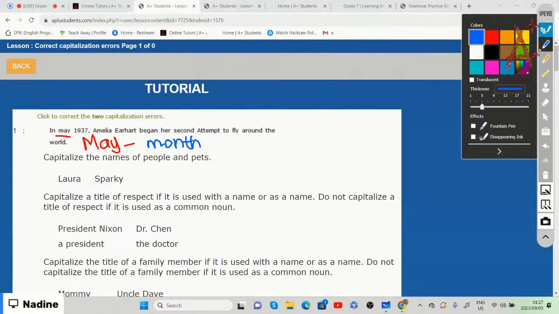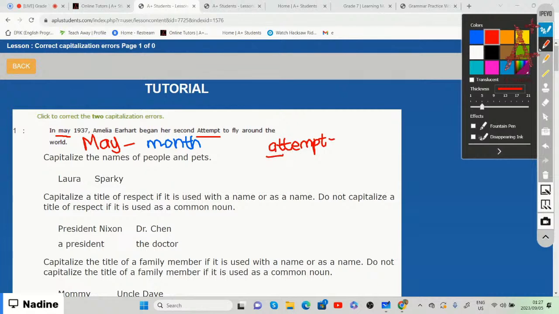And then we are also going to correct attempt, right? Because attempt needs to be in lowercase. So the A is lowercase.